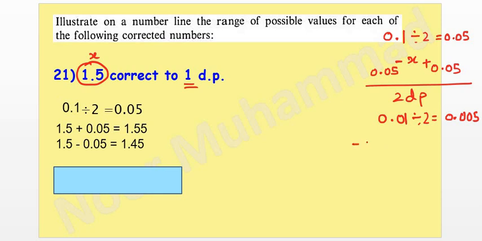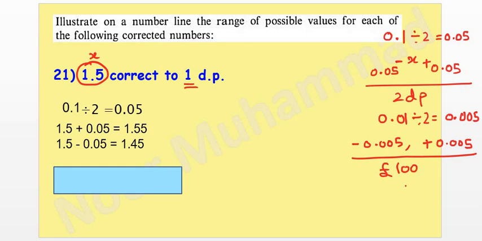Once it is subtracted and once it is added, you get the lower and the upper limit. Let's say they ask you to round a number correct to 100 pounds.